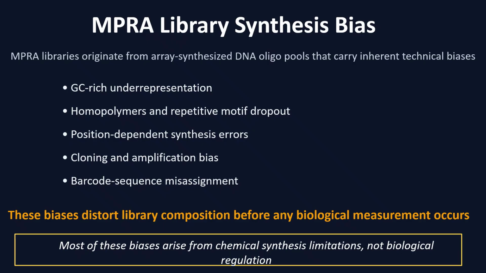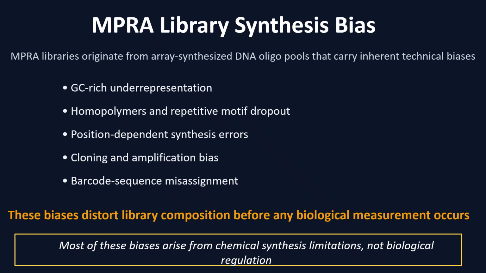And when it comes to synthesis bias, MPRA libraries begin with array-synthesized DNA oligo pools. This synthesis process is not uniform. Certain sequence features make some variants easier to manufacture, clone, and amplify than others.